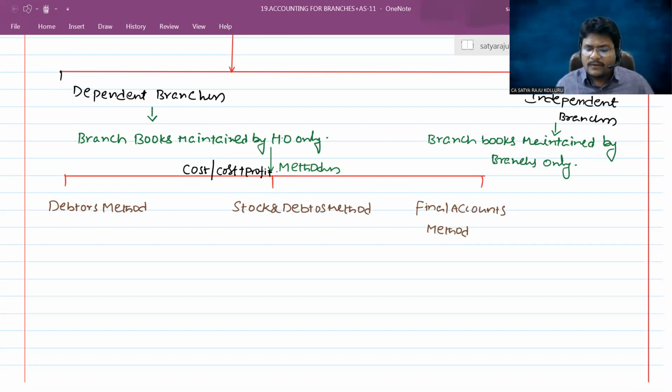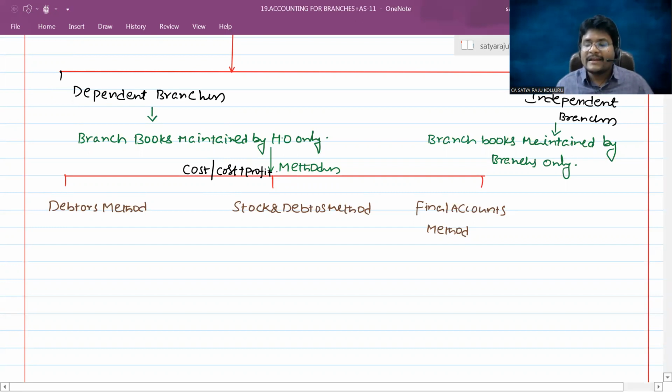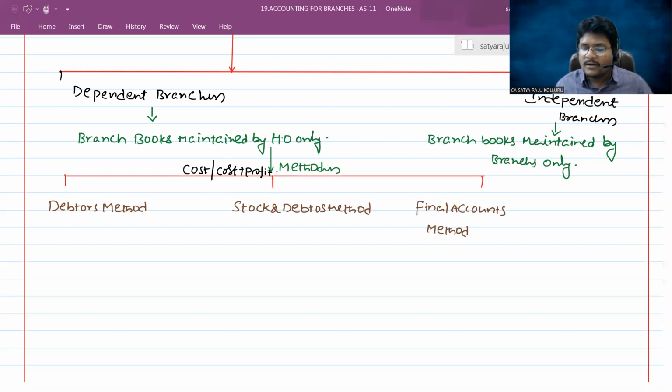If head office sends goods to the branch at other than cost or cost plus profit, these methods are not applicable. If head office sends goods to the branches at wholesale prices, then wholesale price method is applicable.